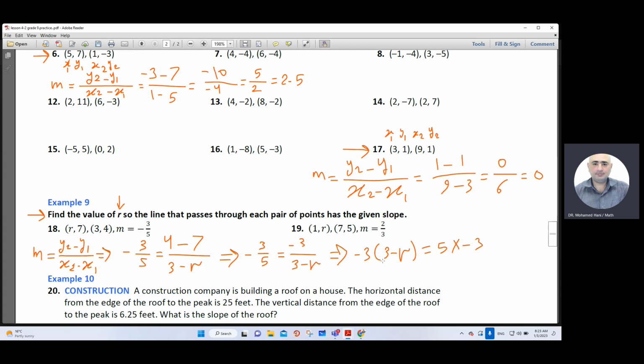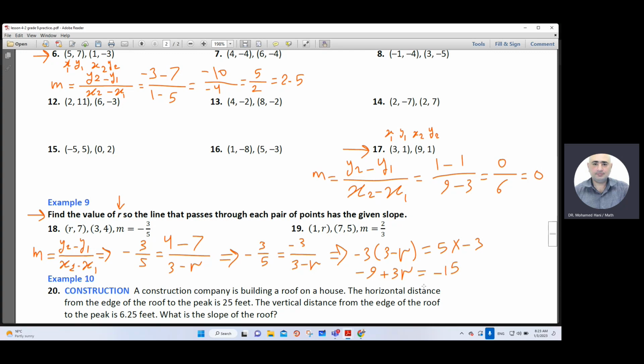Then use distribute here. Negative 3 times 3 will be negative 9, and negative 3 times negative r will be positive 3r. And on the second side, 5 times negative 3 will be negative 15.